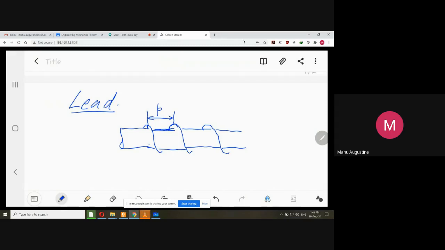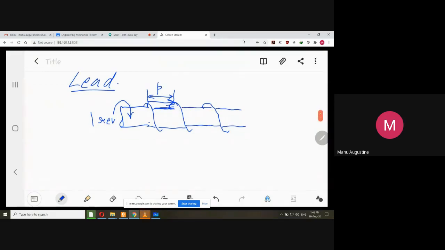Now what is a lead? When I rotate the screw by one revolution, automatically the horizontal advancement will be equal to one pitch.